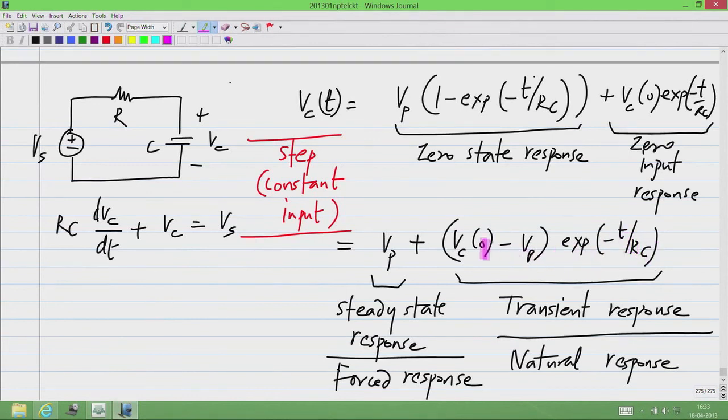So, the parts of the response that contain those things are known as transient response or natural response, and the part which depends only on the input is known as the steady state response. Is this clear?